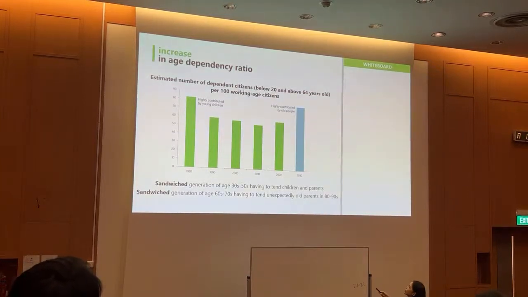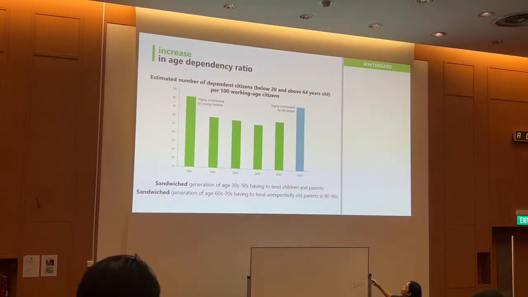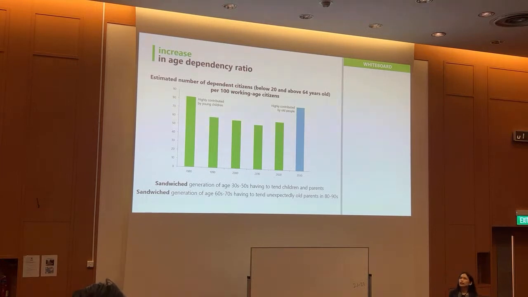In Singapore, there is this estimate that the age dependency ratio would be increasing significantly with time. So this is an estimate that by 2030, this would be the dependency ratio. So age dependency ratio is something like this line. This title here is the definition of dependency ratio.